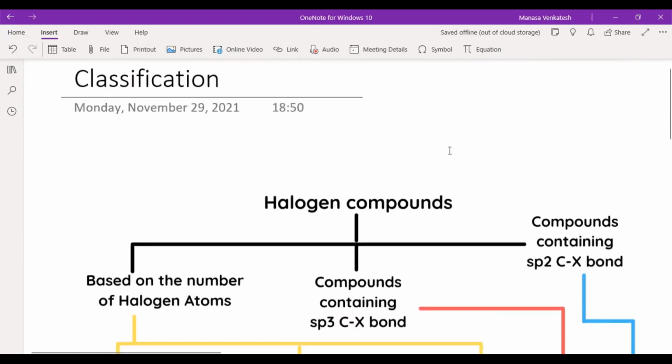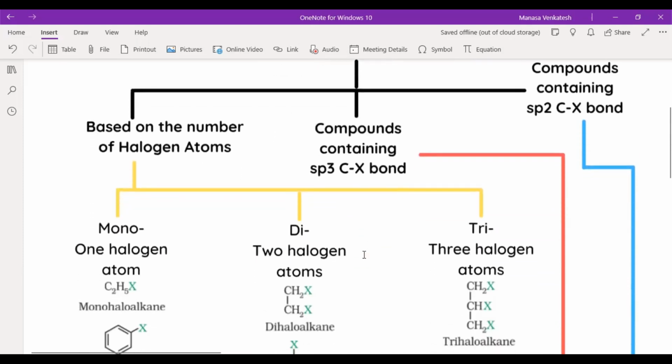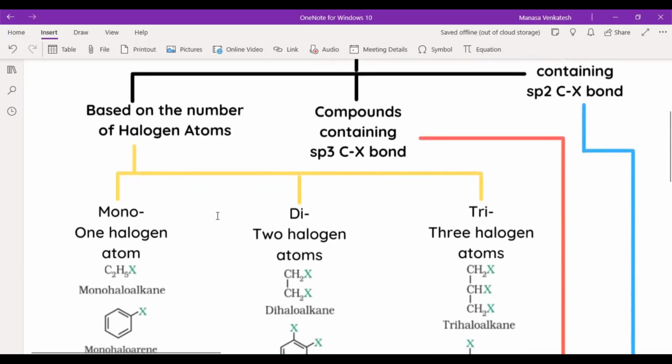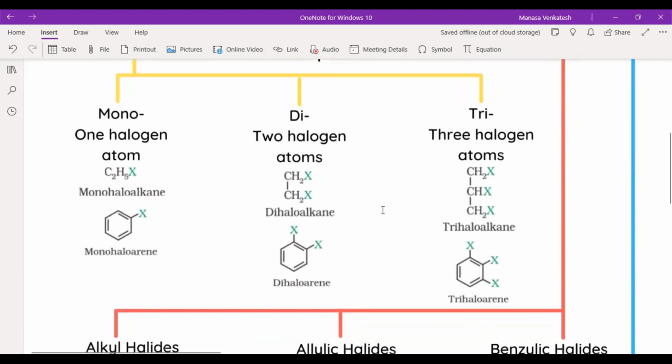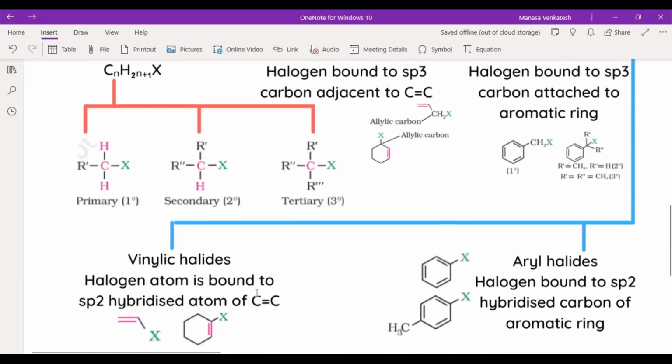With that, we're done with the classification of halogen compounds. We're classifying based on the number of halogen atoms, compounds containing sp3 C-X, and compounds containing sp2 C-X. Number is further classified as mono, di, and tri. Compounds containing sp3 are further classified as alkyl halides, allylic, and benzylic halides. Alkyl halides are classified further based on the number of carbon atoms the carbon attached to the halogen atom is attached to, so you have primary, secondary, and tertiary.